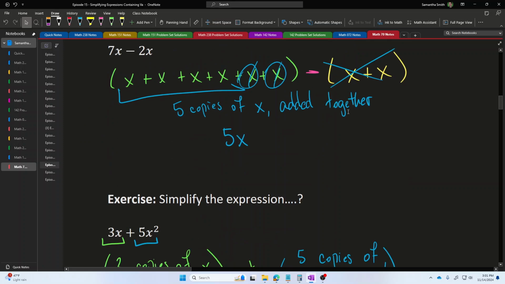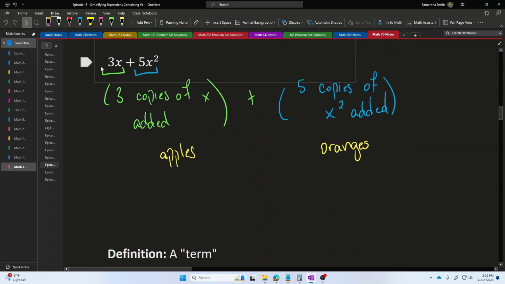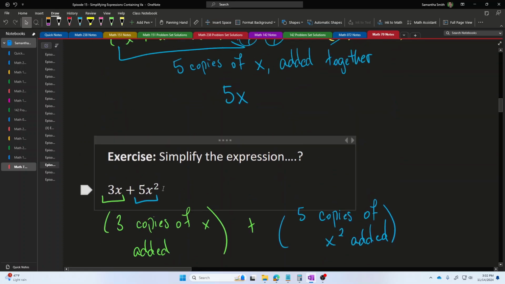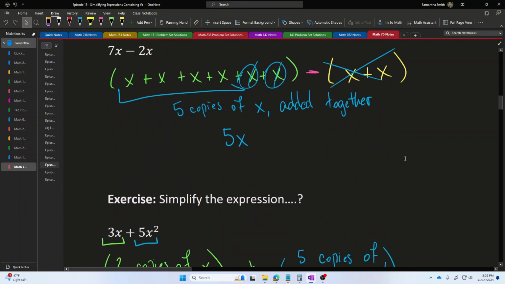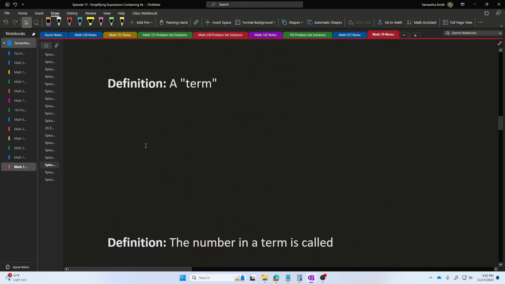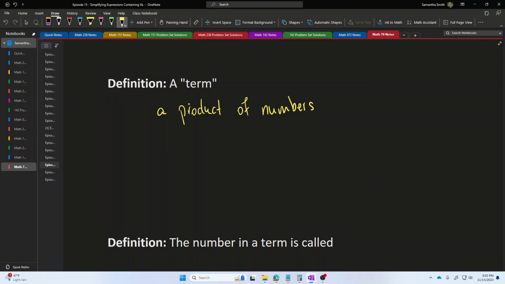We have the following terminology to help to express the difference between this situation and this situation. In mathematics, the word term is used to express a product of numbers and variables.